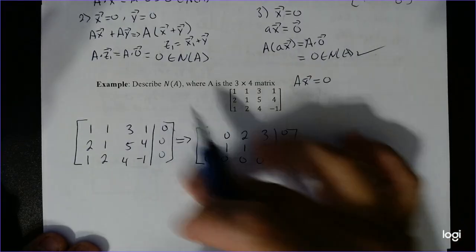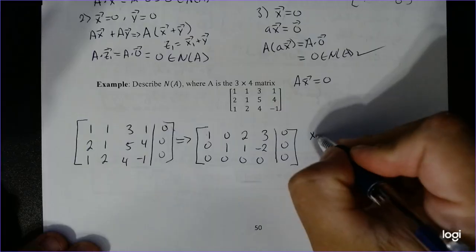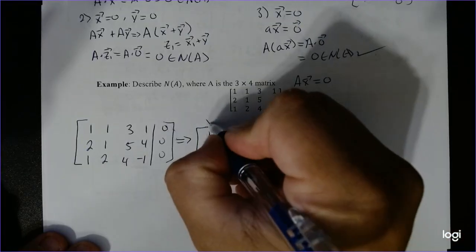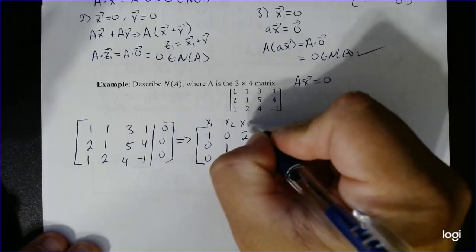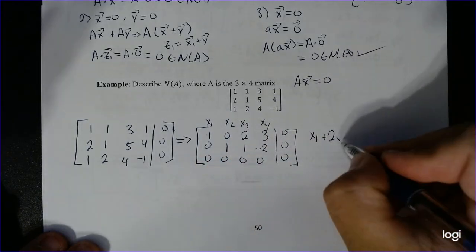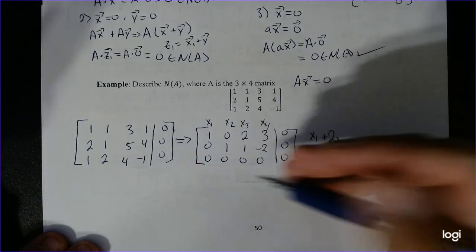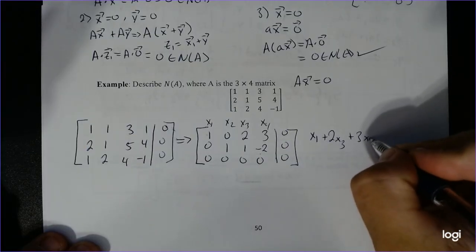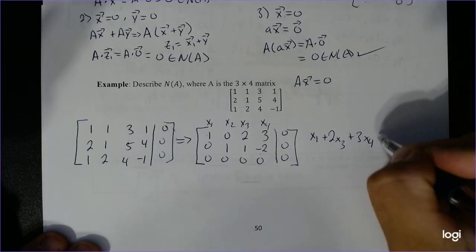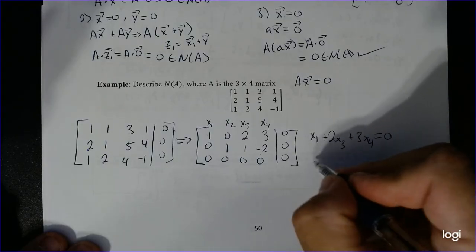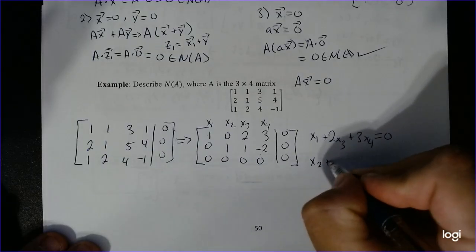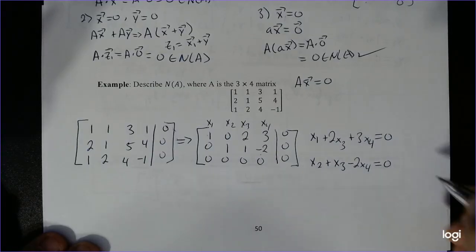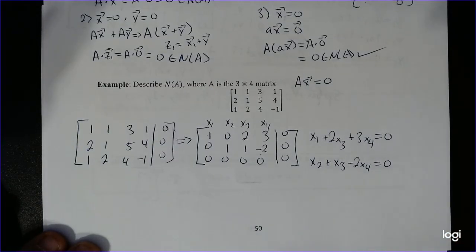Okay, so from here, we have x1 plus 2x3 plus 3x4 equals 0. We have x2 plus x3 minus 2x4 equals 0. Okay.